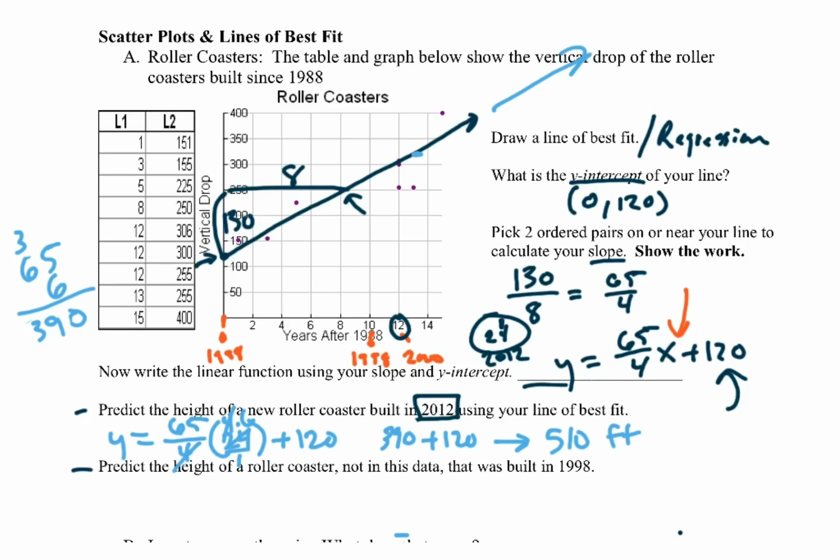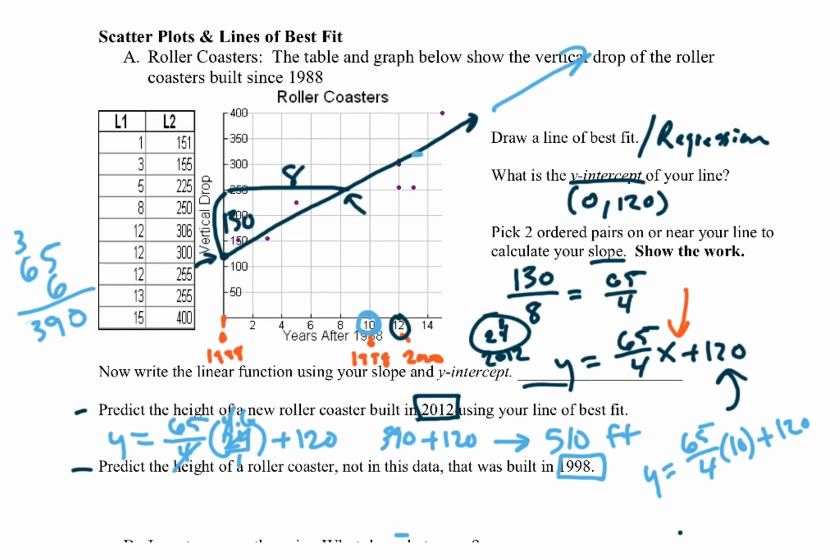Okay, now we could go check that and see if our prediction was close or not. Then it also says, what about predicting the height in 1998? Okay, so 1998 would be right here at 10. So I could just plug it into the formula again and solve.